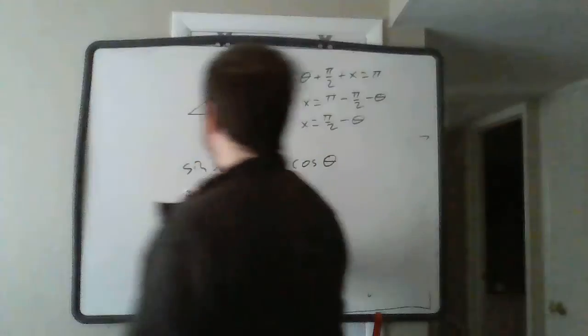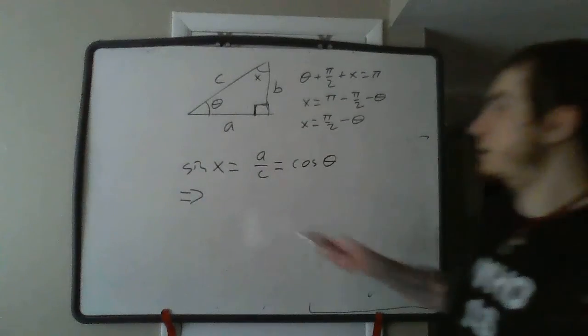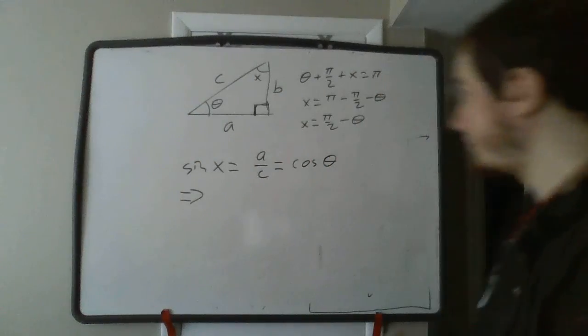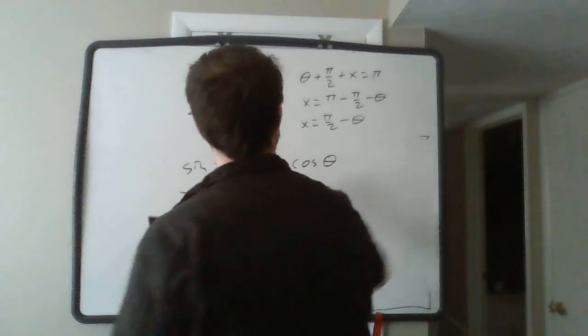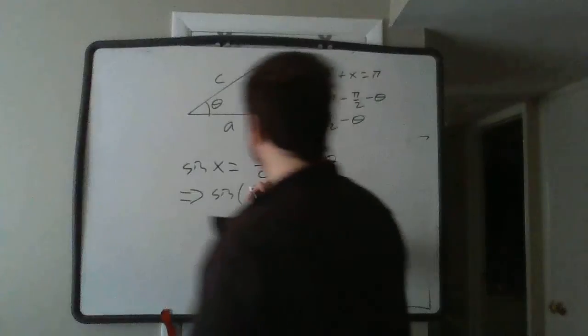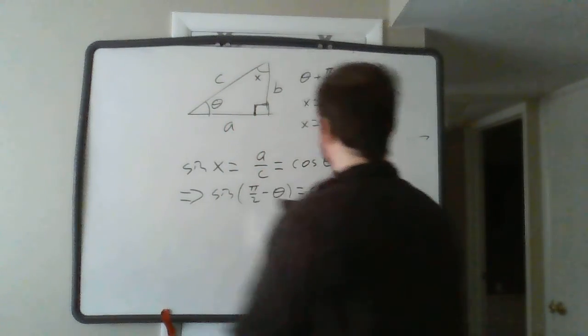And what this implies, which we'll indicate with this little doubled arrow symbol, is that the sine of pi over 2 minus theta is equal to the cosine of theta.